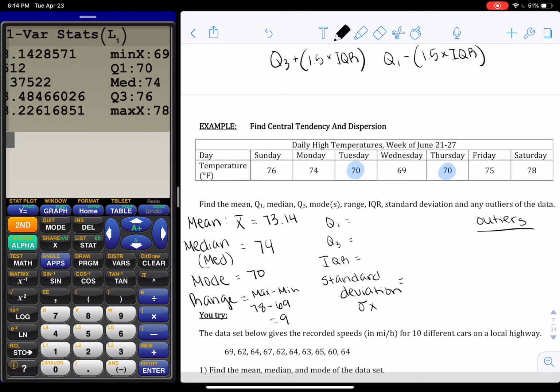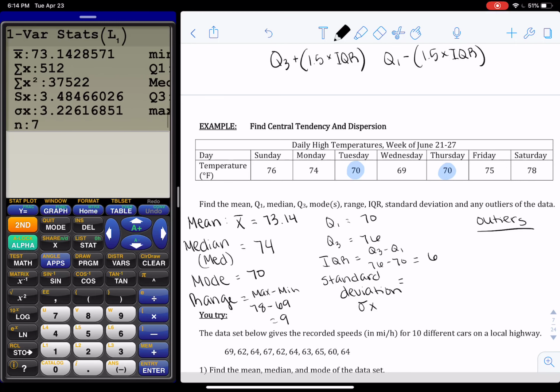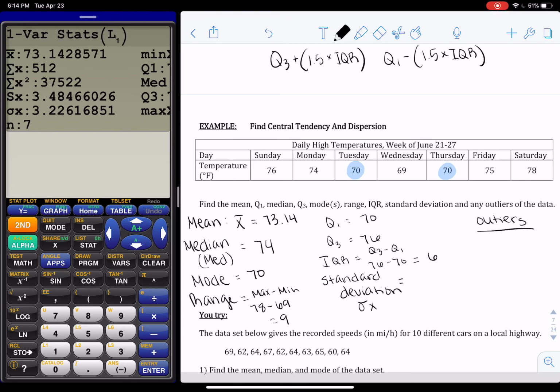Okay, now you can see Q1 is 70, Q3 is 76, and remember, we talked about the IQR, that's Q3 minus Q1. So that's 76 minus 70, so that's 6. Then the standard deviation is right there, it's 3.22.